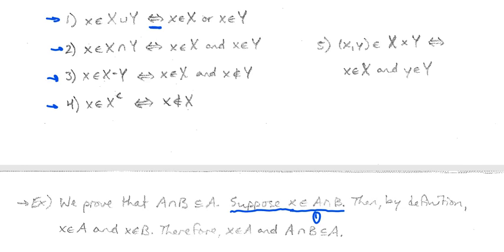So I just rewrote, therefore, x is in A, and A intersect B is a subset of A. This is a very low-level, very basic type of proof, a very basic proof that one set is a subset of some other set.